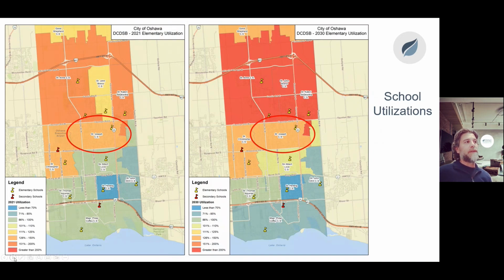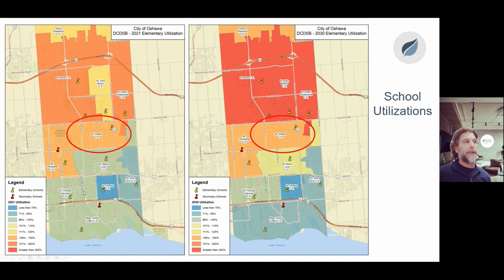And this map very much the same. It's still looking at the schools and school boundaries, but what we've done here is we've just added a heat map to it, and the heat map relates directly to the utilization of capacity rates I just spoke about. Anywhere you see these orange and red colors, those are high utilization rates, and you can see the legend here at the bottom left. So it means the school is operating well above capacity.